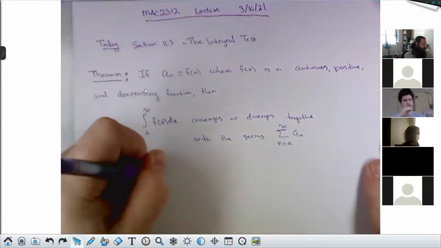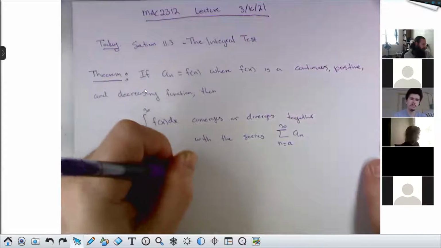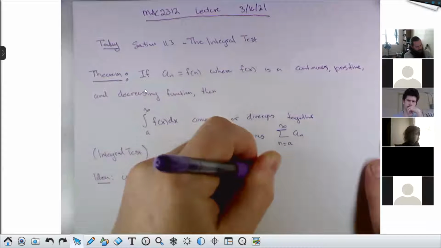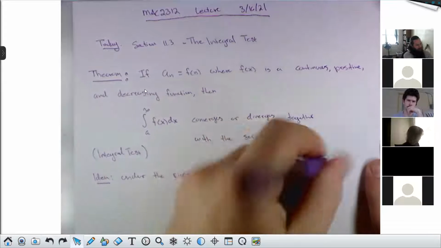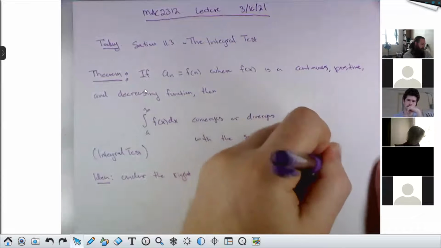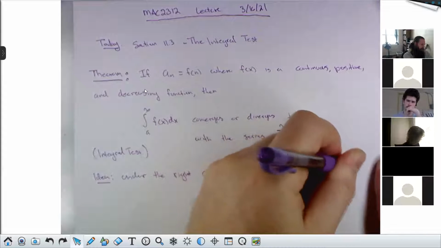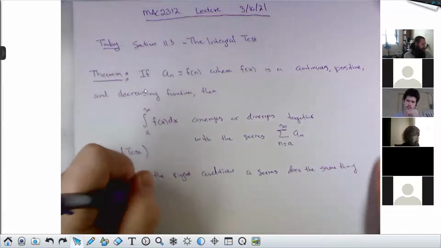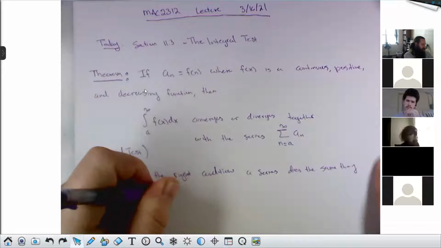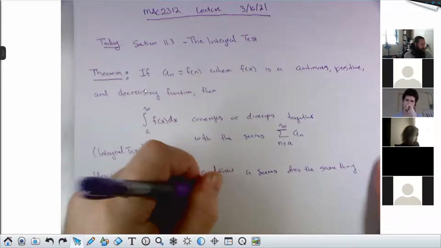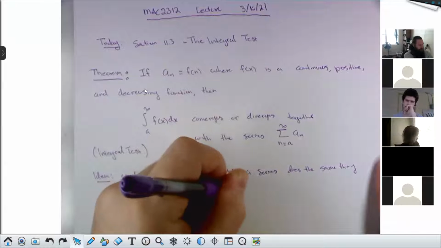Under the right conditions, a series does the same thing as the corresponding type 1 improper integral.